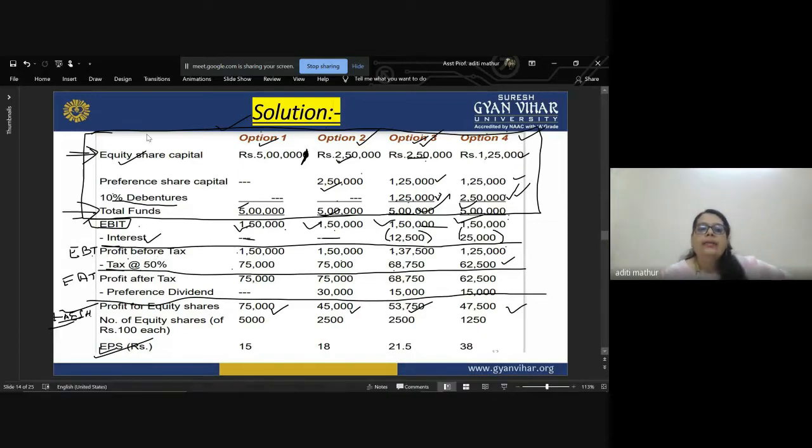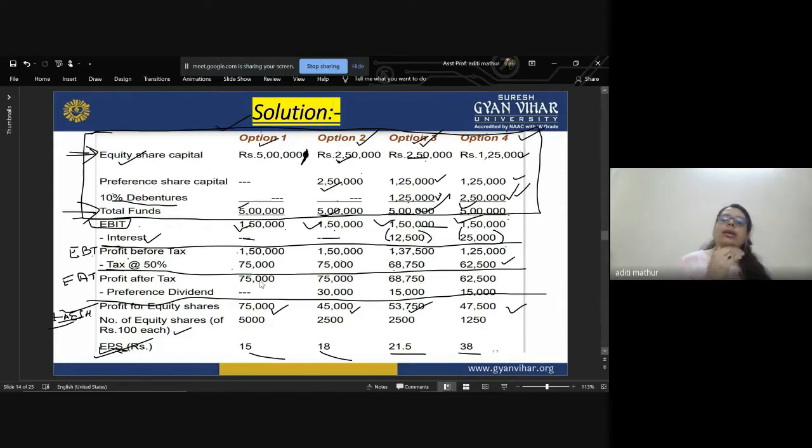So over here, when you divide it by the number of equity shareholders, your EPS is 15, 18, 21.5, and 38, right? So the thing to be taken into consideration is that it is not only the EBIT which decides which option is to be taken.